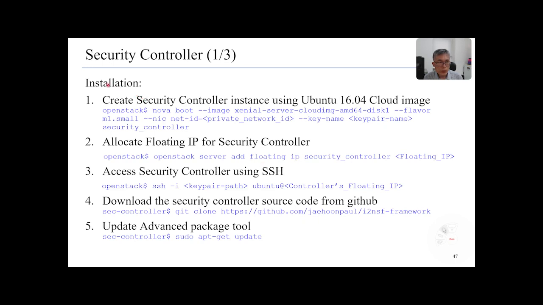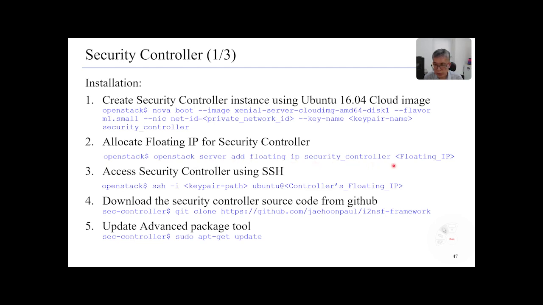So according to this installation, first create a security controller instance using Ubuntu 16.04 cloud image with the Nova command, and then allocate the floating IP for security controller using OpenStack server add floating IP.